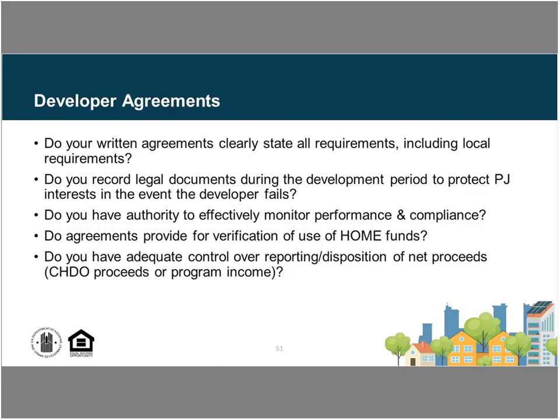So are you adding these additional things into your written agreement? Does it provide for verification of the use of HOME funds? So are you collecting reports, looking at project audits, cost verification? And do you have adequate control over the reporting and the disposition of sale, whether they're CHDO proceeds, if you're working with a CHDO and those funds are staying with the CHDO, or if it's program income that's being returned to you, the PJ, or the state recipient.